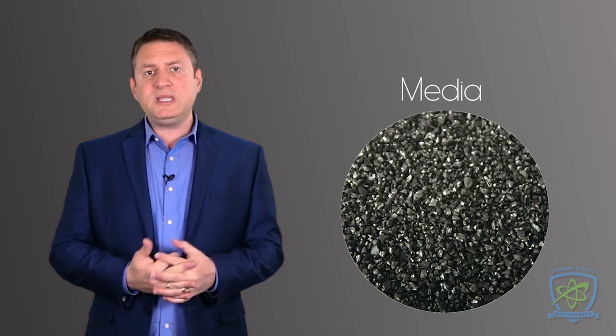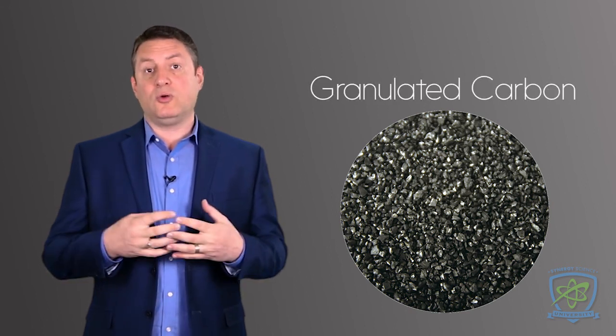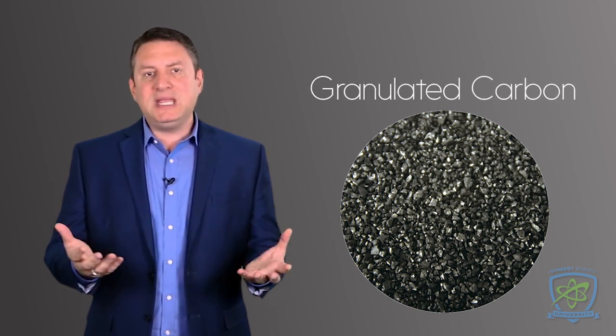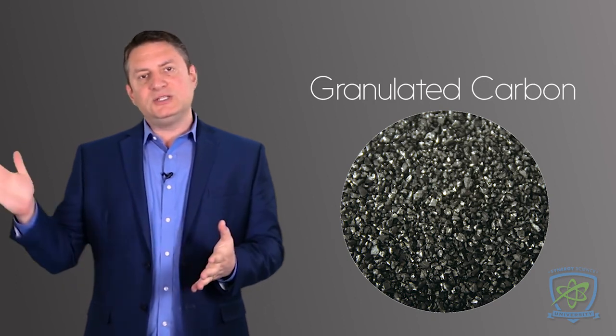So what are the different types of filtration methods? First of all, we have media. We can use what's called granulated carbon, for instance, or any granulated media, which means it's kind of like sand. As you run water through it, those media do what they do.